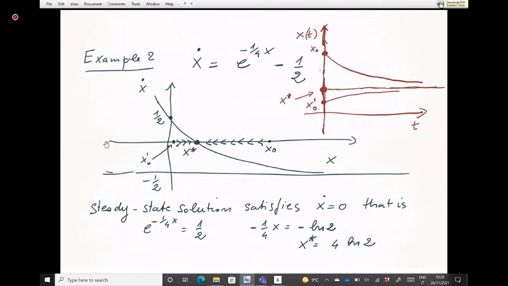Is that true? Or do you think that there are initial conditions that will not lead to convergence to the steady state in the long run? What is your impression? What is your answer? This is a question also for the online students, of course.